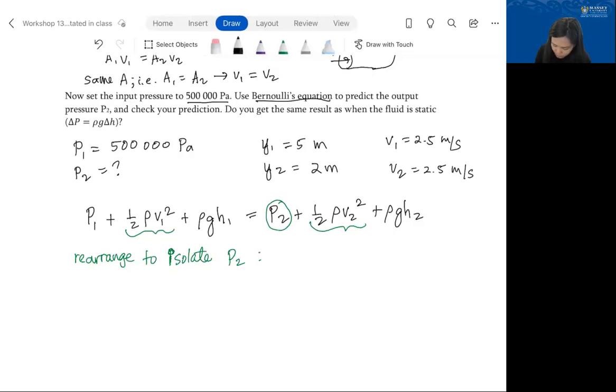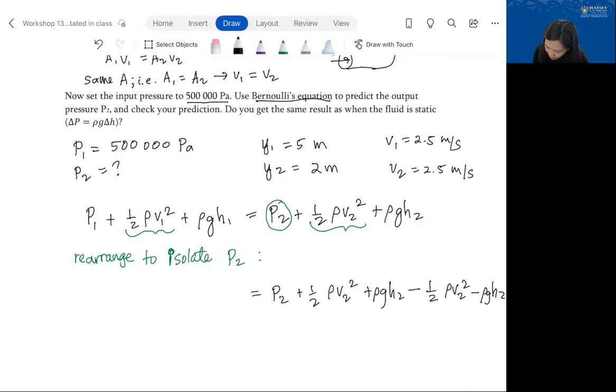So you have 1/2 rho V2 squared. We subtract 1/2 rho V2 squared, and we also subtract rho g h2. Notice we're looking at the terms together because they are all being added as one to P2, and so we subtract the whole thing. We don't need to do division or multiplication or anything.